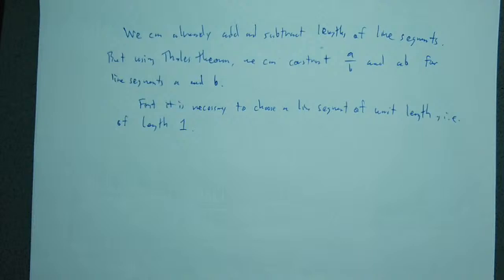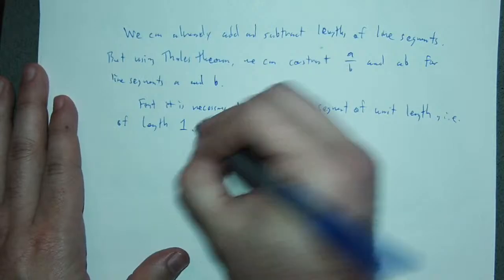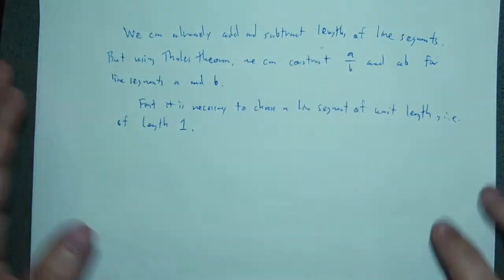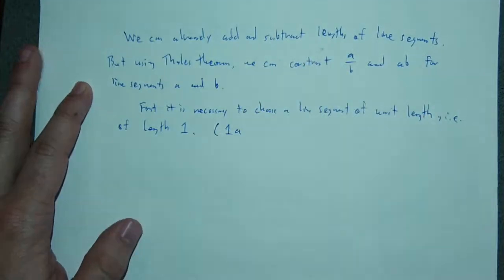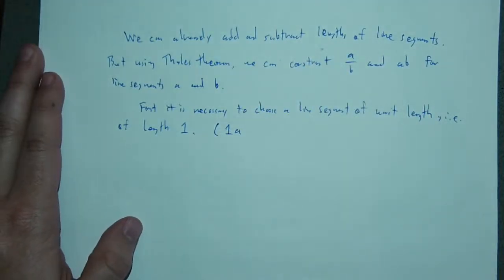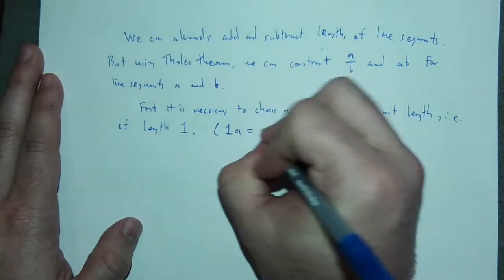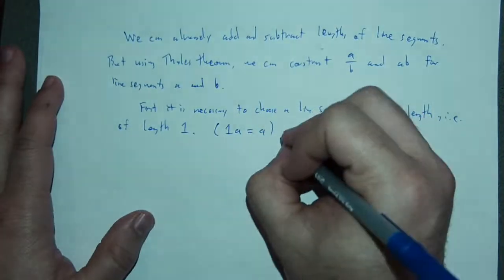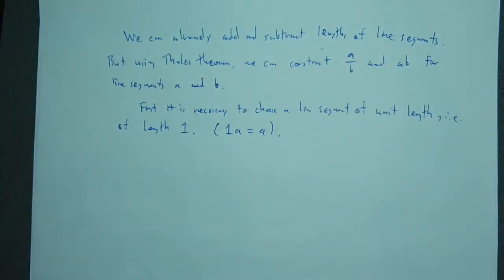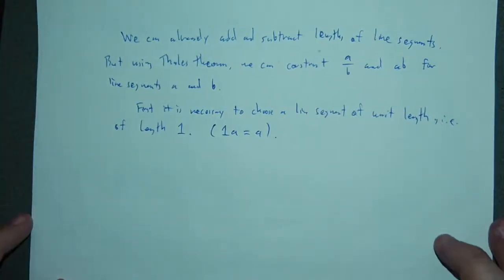And what I mean by that when I say length 1 is that the symbol one means to imply that when I multiply this line segment that has length 1 with line segment A, I get A. Okay, and that's for any length A. All right.